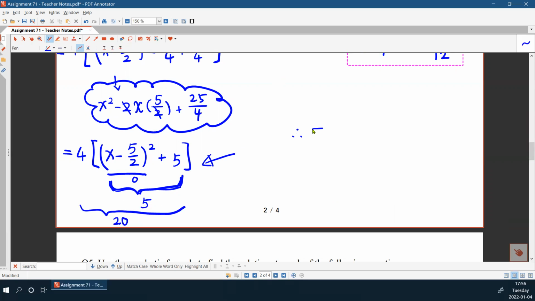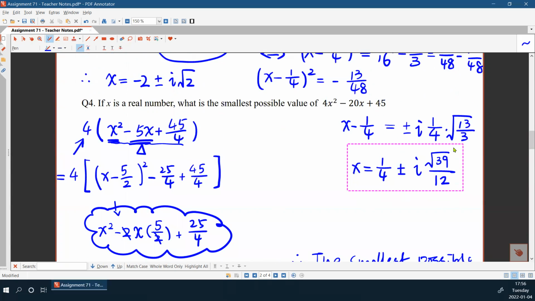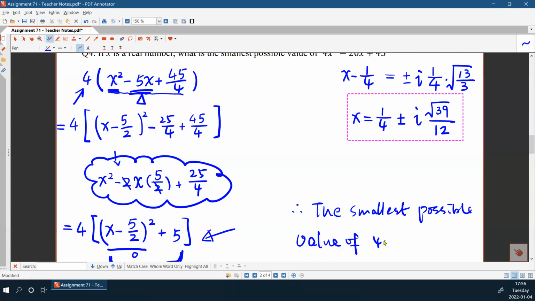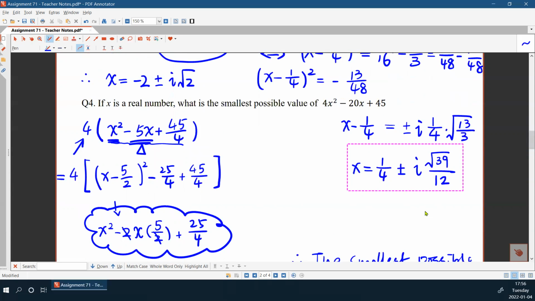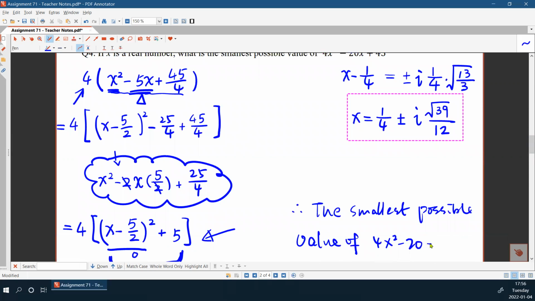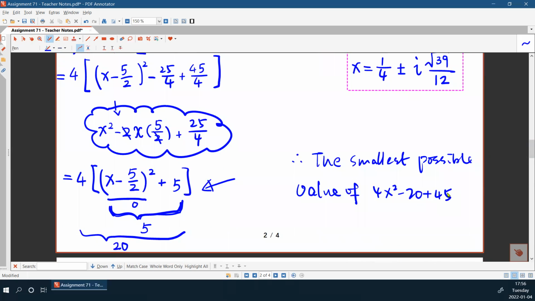So the conclusion is the smallest possible value of 4x squared minus 20x plus 45 is 20, right?